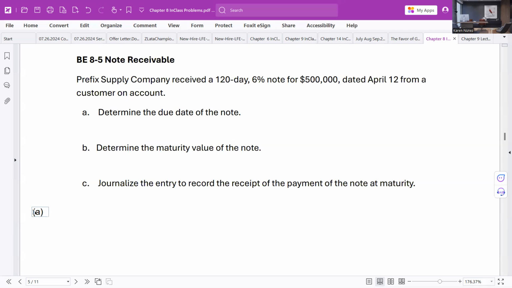So the note is issued April 12th. And let's see, how many days is that? April has 30 days, and it's issued on the 12th. So 30 minus 12 means we actually have 18 days in April.